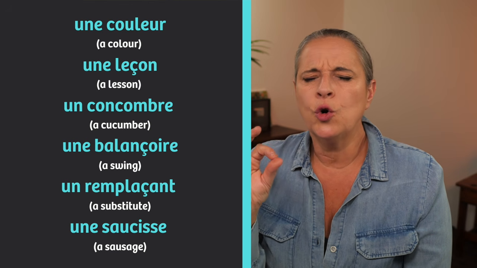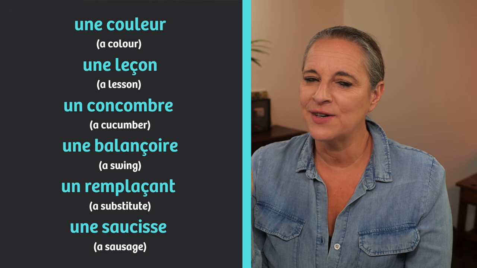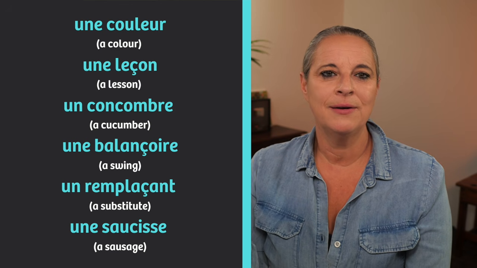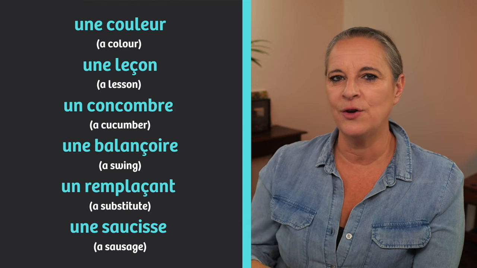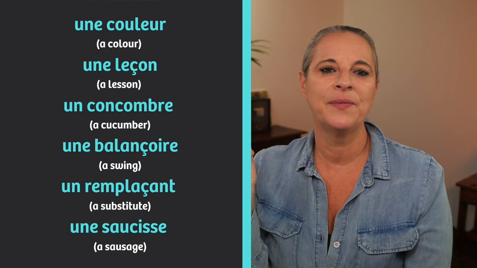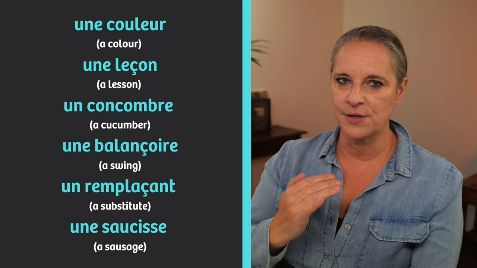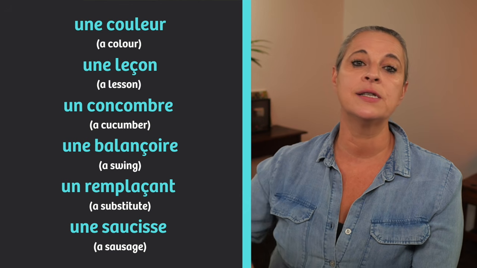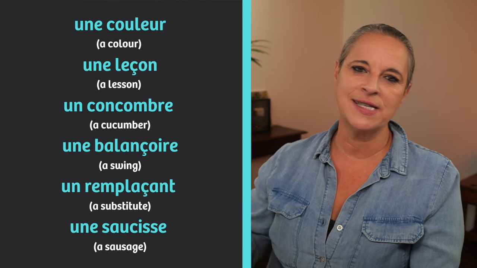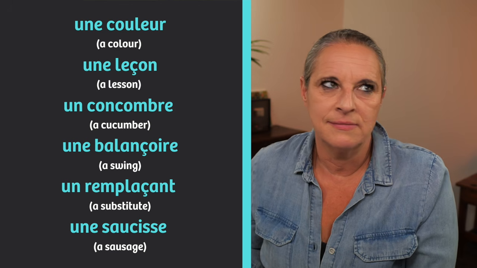Un concombre. Have a look at this one. Une balançoire. And this one. Un remplaçant. It has an S because the letter that follows is an A. If it didn't have a cedilla, then the sound would be K, but that's not the word.